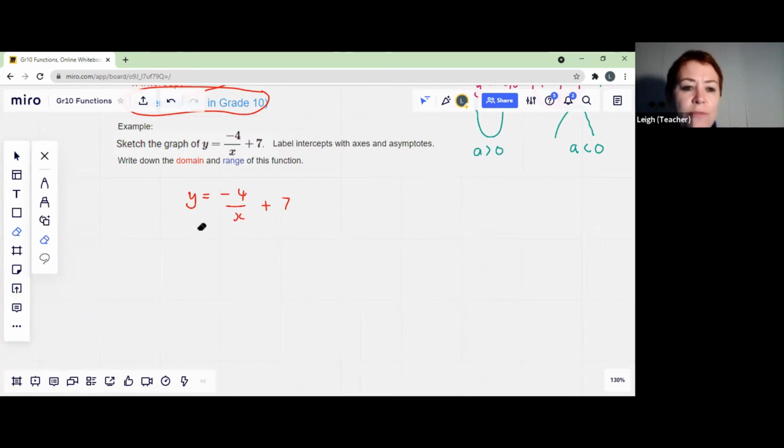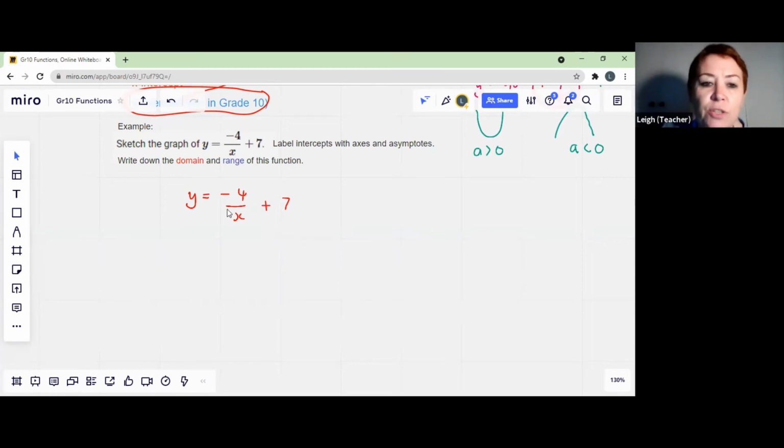Because this graph has got A as -4, we know that it has to be drawn in quadrants 2 and 4, right? But what's happened is that it has also been shifted 7 units up.